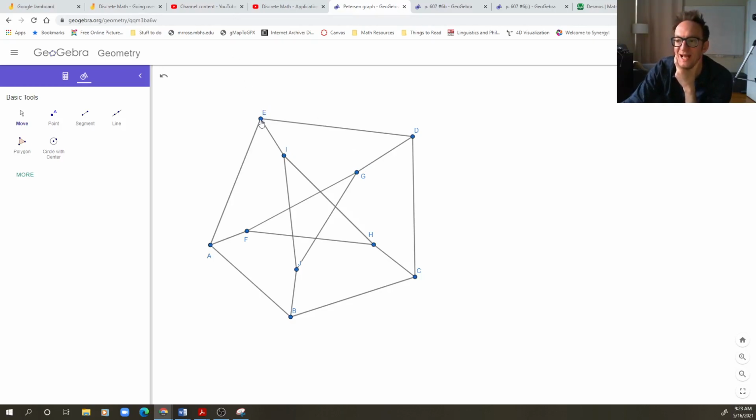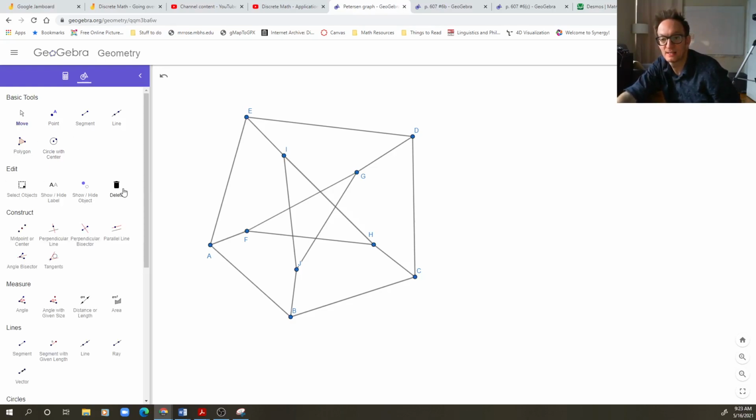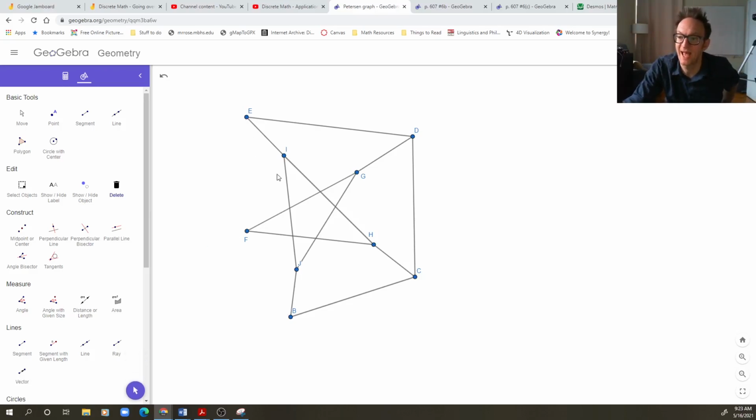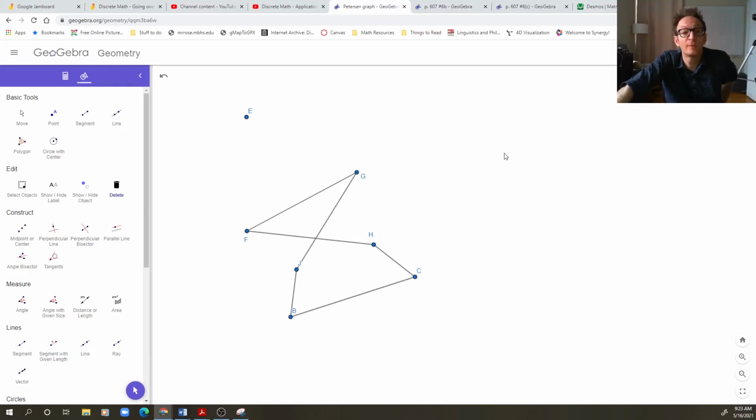Take any vertex E. It's just connected to 3 other vertices, and there are no weak points in this graph whatsoever. And so the only way to make this graph disconnected is to delete the 3 vertices that are adjacent with E. So say A, I, and D. And now this graph will become disconnected.